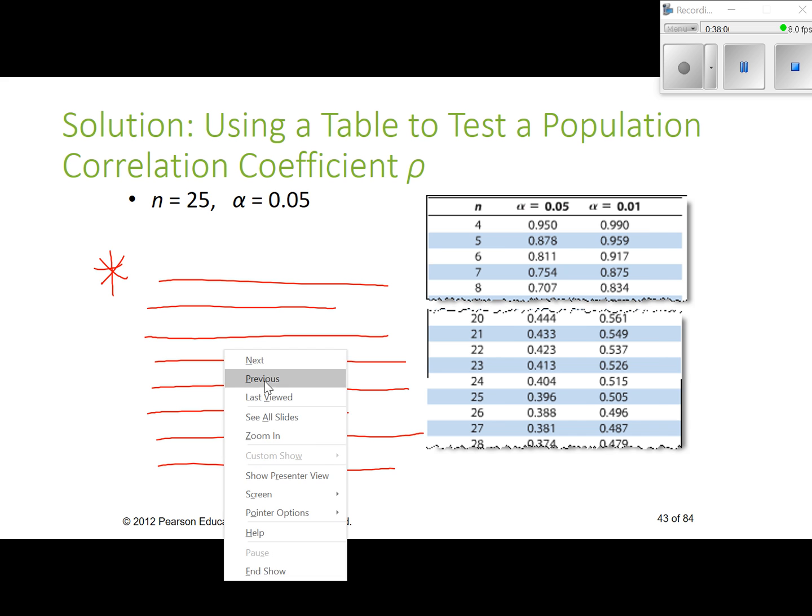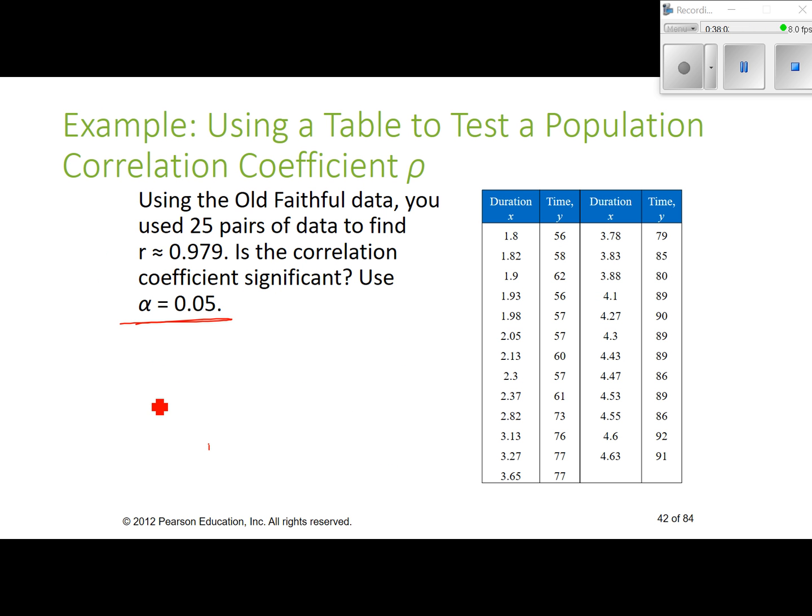If we go all the way back here, we're saying these are the duration of how long Old Faithful erupts for, and this column is how long till the next eruption.